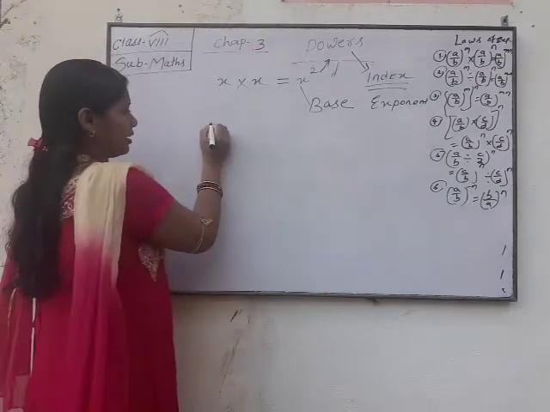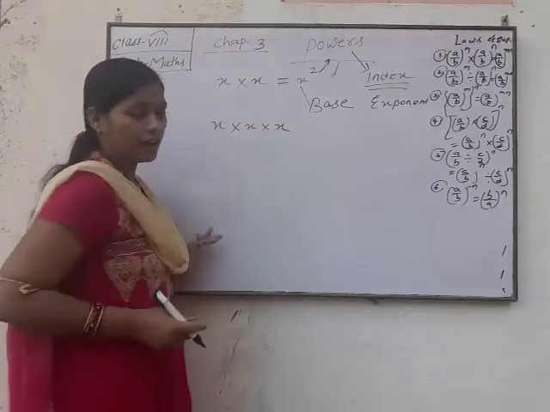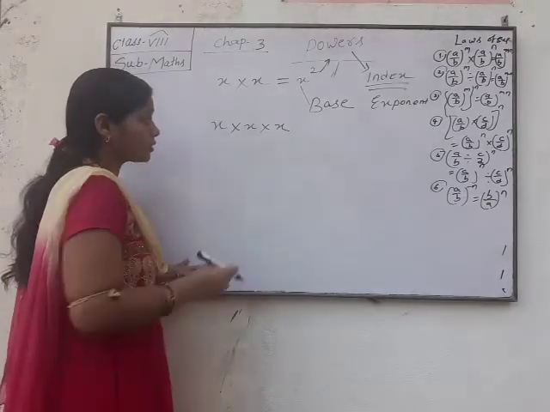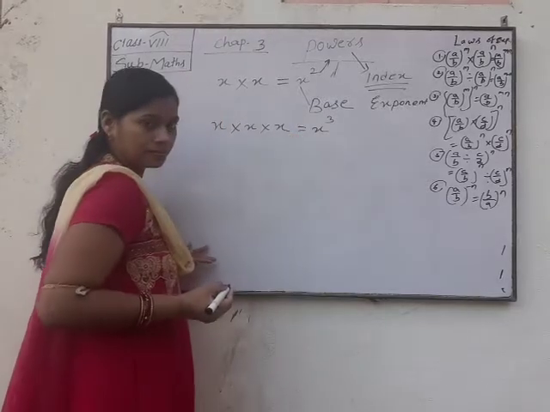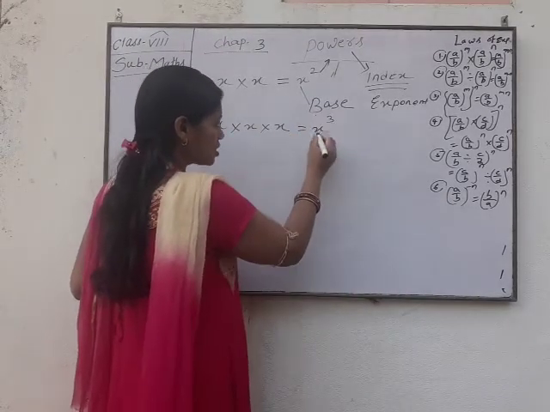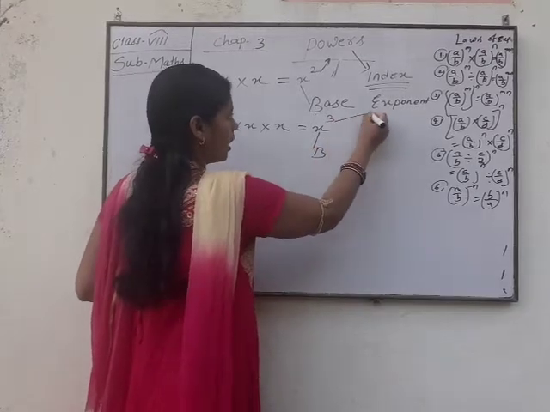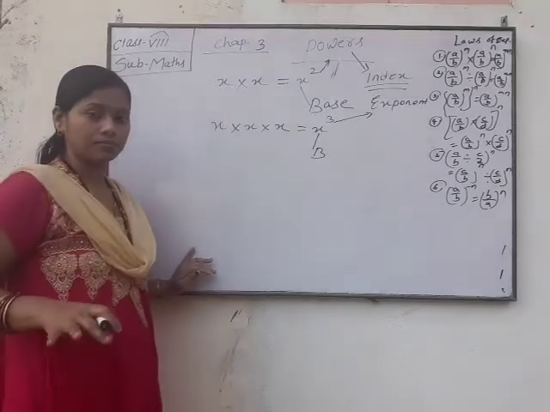If you multiply x 3 times, your product is x to the power 3. The same way, x is the base, and 3 is the exponent, index or power.